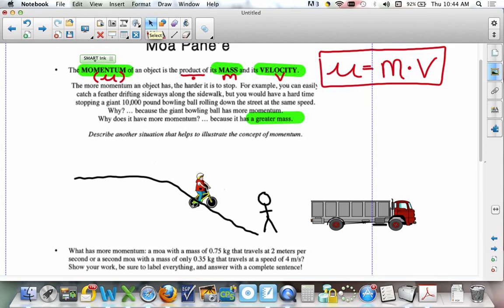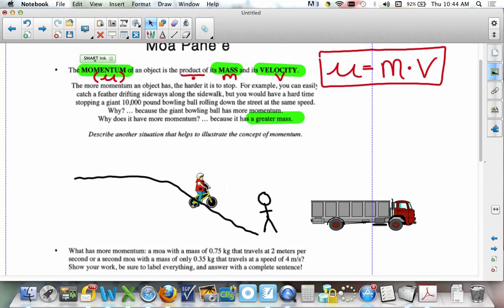You could think of something very similar to that, right? What could you stop? Or could you catch something? For instance, could you catch a bullet? It has a lot of momentum, right? Now, bullets aren't very heavy. They don't have a lot of mass, but they're moving very, very fast, and because they're moving so fast, they have a lot of momentum.